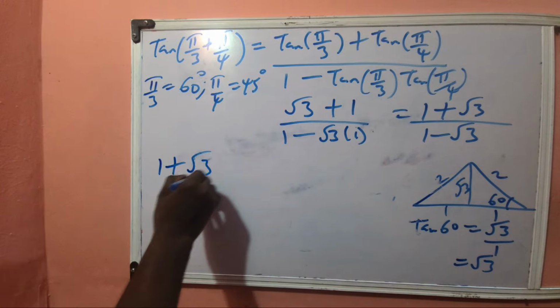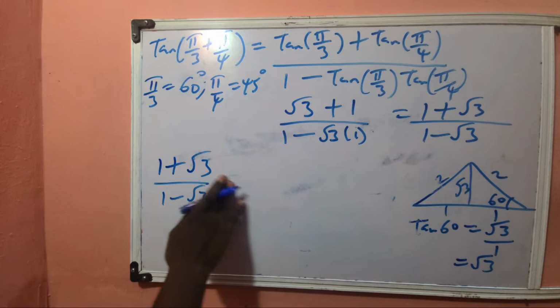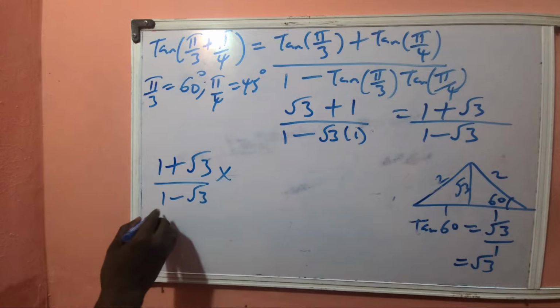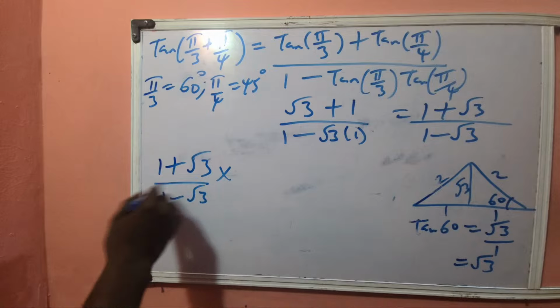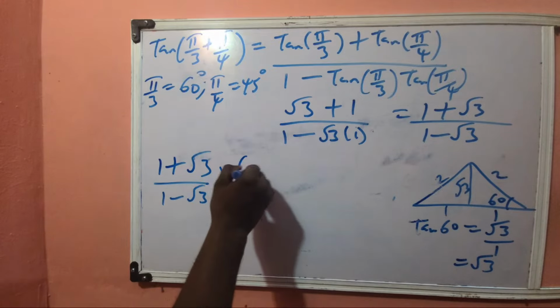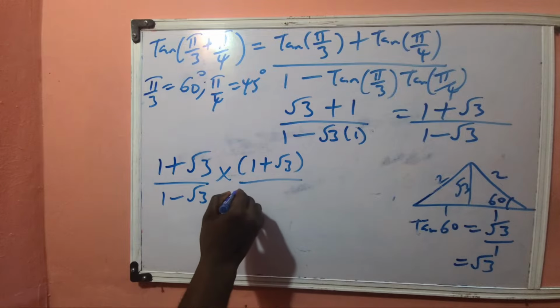1 plus root 3 over 1 minus root 3 will be equal to, of course, what we have to do is multiply this by the conjugate of the denominator, which is 1 plus root 3.